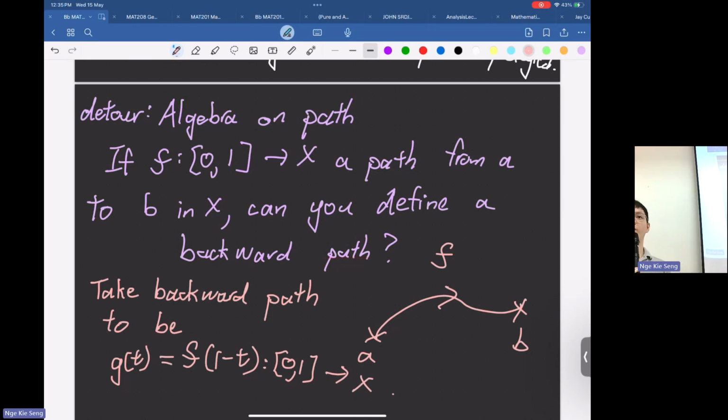It is F(1), so F(1) is the endpoint. When t equals 1, when you finish the path, you are actually just starting it. So you are going backward. The t in between 0 and 1 also works the same.